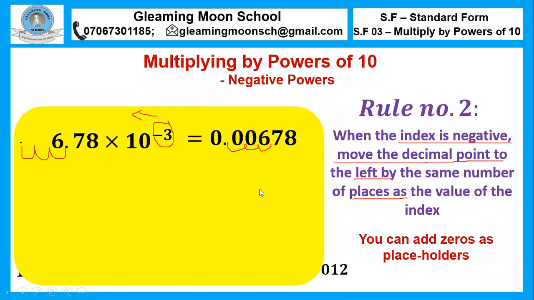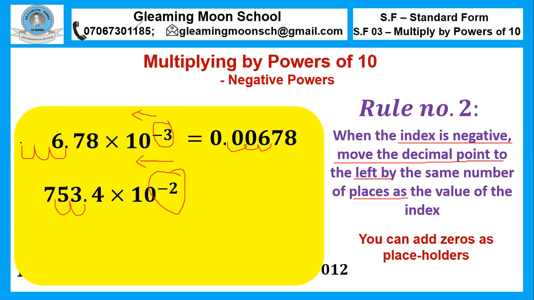Now let's look at another example. Here we have 753.4 times 10 raised to the power of minus 2. Again, your power is negative, so you're moving your decimal point to the left, 2 times: 1 and 2.